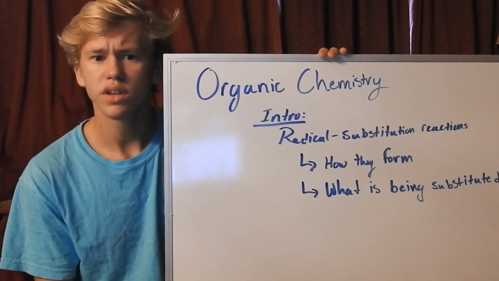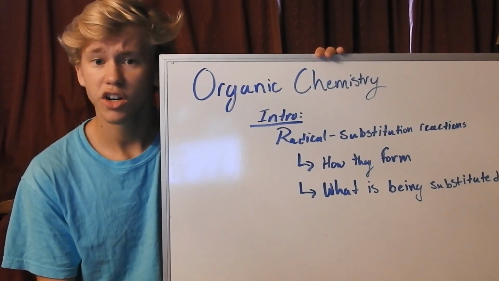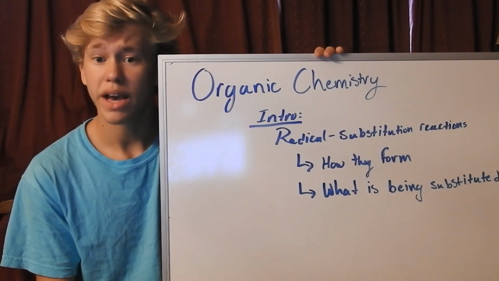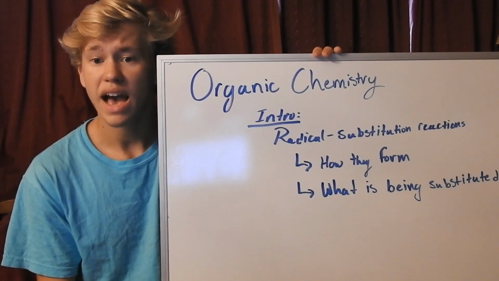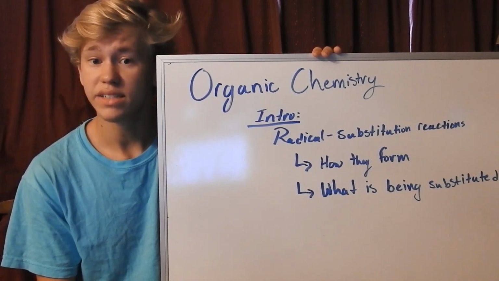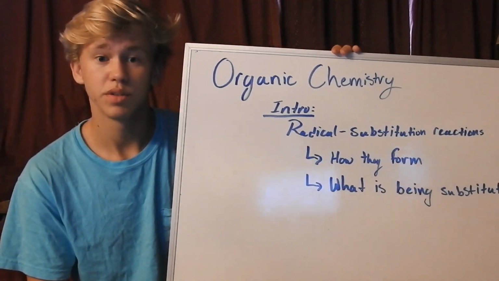A radical substitution reaction is a reaction which occurs by a free radical mechanism and results in the substitution of one or more of the atoms or groups present in the substrate by different atoms or groups.